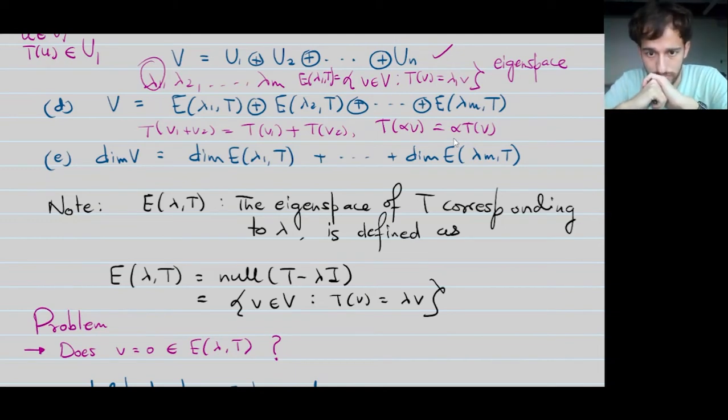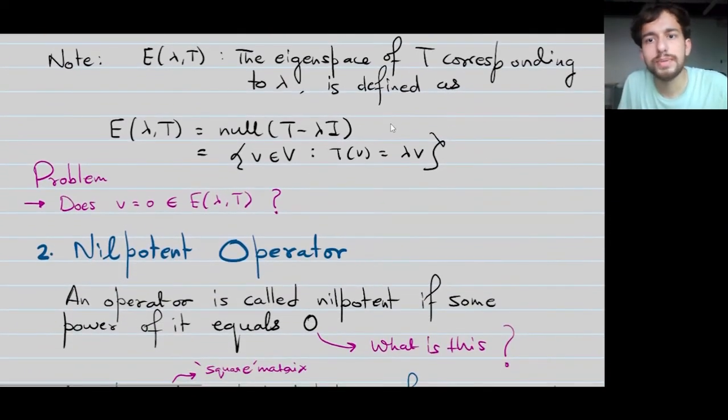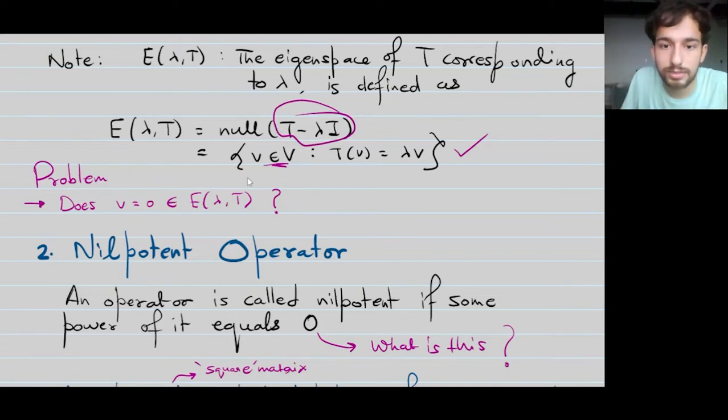Okay, here which I have explained, I have defined here also, you can just read it quickly for the sake of understanding. The eigenspace of T corresponding to the eigenvalue lambda is defined as the collection of those vectors in the vector space which satisfy this condition, and this is an equivalent way to write it in terms of the null space of the operator T minus lambda I. Now I explain how I have written it, try to understand it.